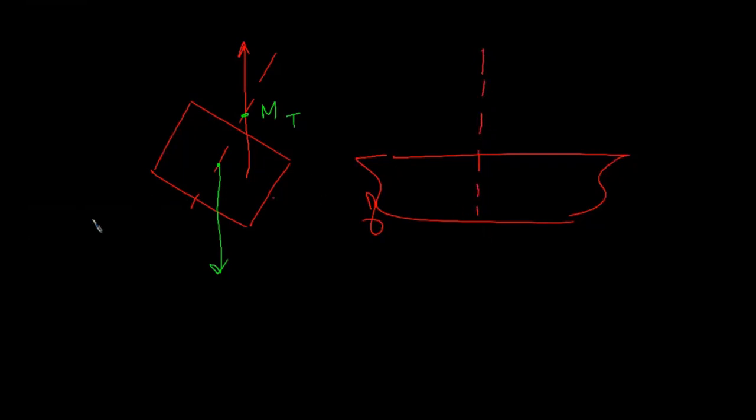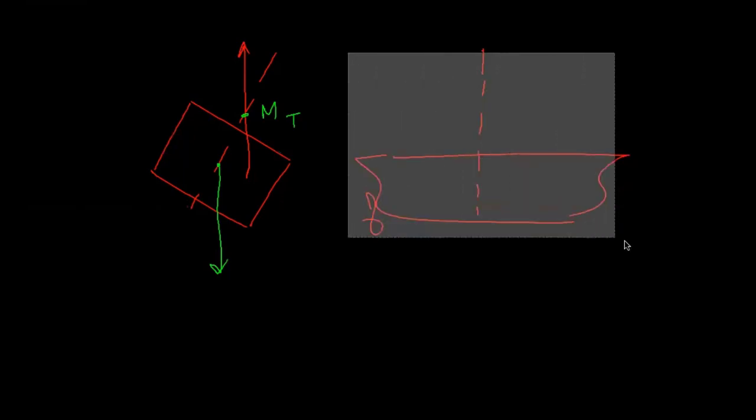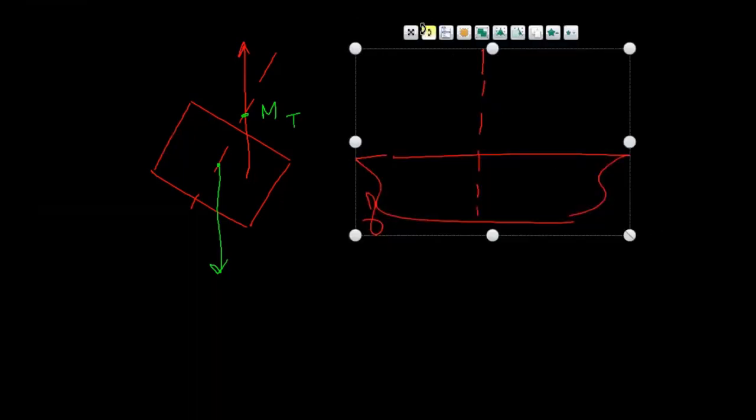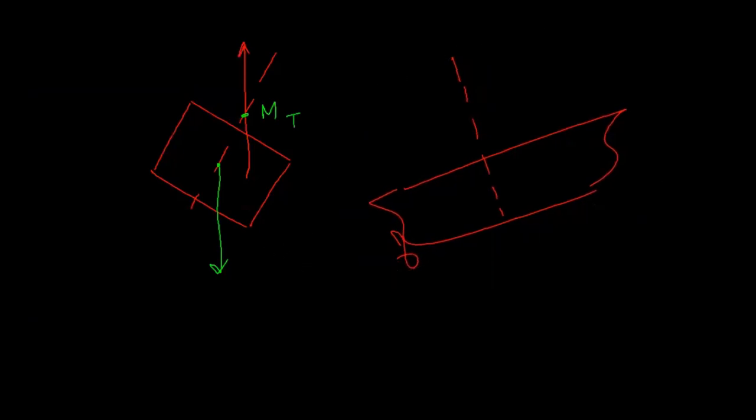Now, similarly, suppose your vessel is like this, and there has to be a center line here, and suppose she trims. Then the force of buoyancy on the water line is like this. Maybe the center of buoyancy is here.